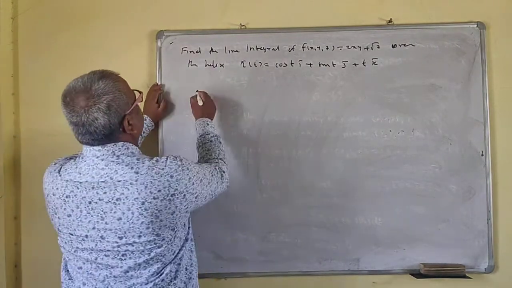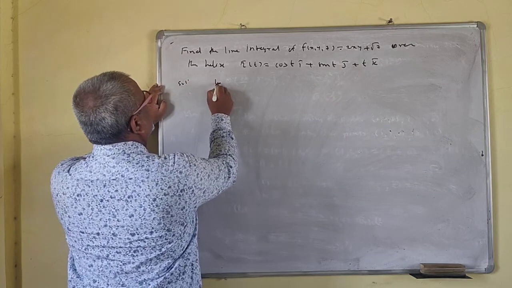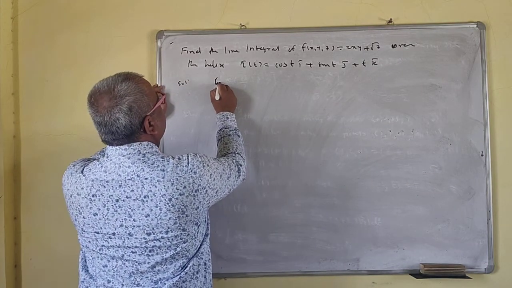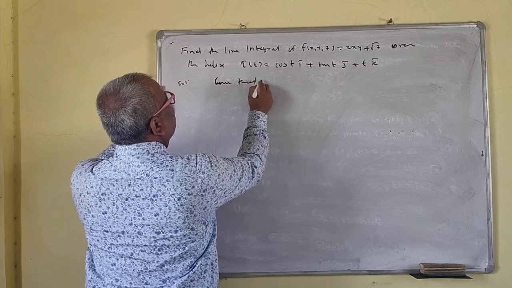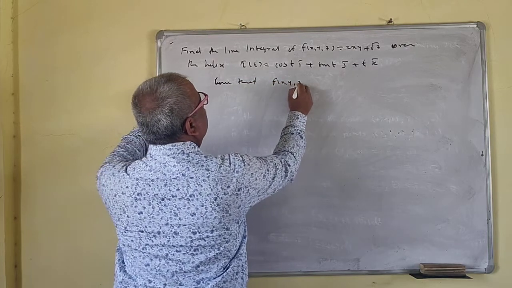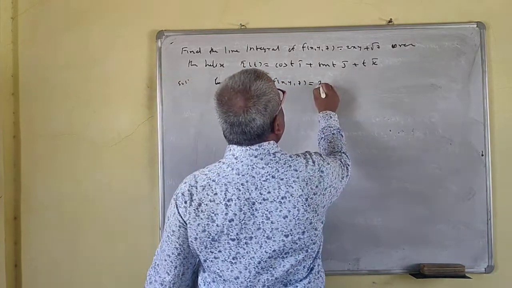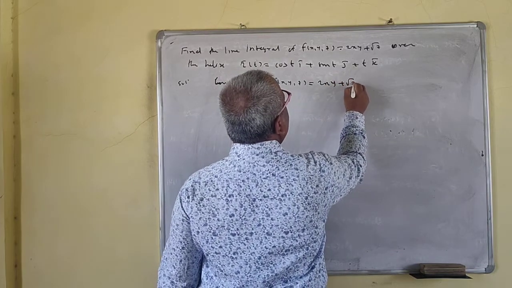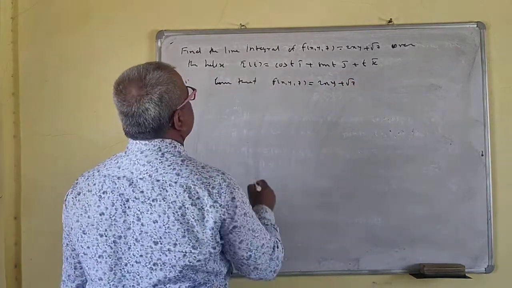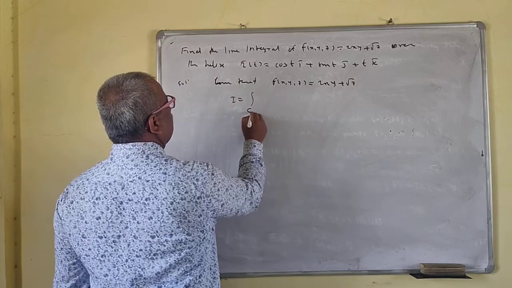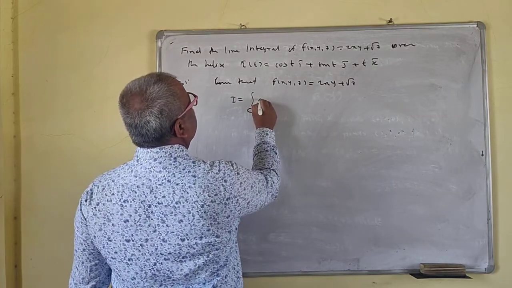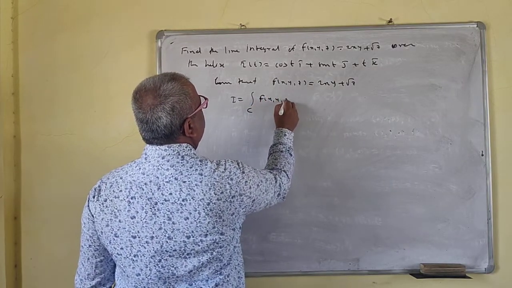Solution. Given that f of x y z is equal to twice xy plus root z. So I is equal to the integral over c of f of x y z ds.